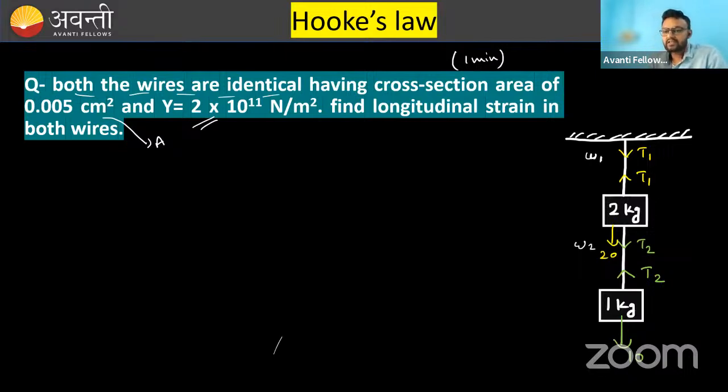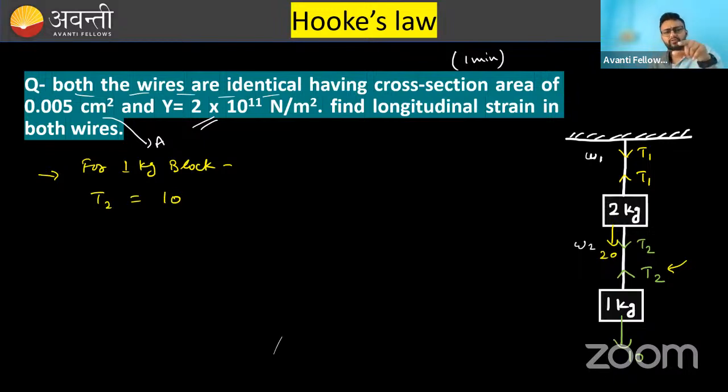The second thing is the value of tension. This T2 is the force on the wire. This tension acts as the force on the wire, which we know as the restoring force. So that restoring force is nothing but the tension force. For the 1 kg block, T2 is equal to 10 Newton.